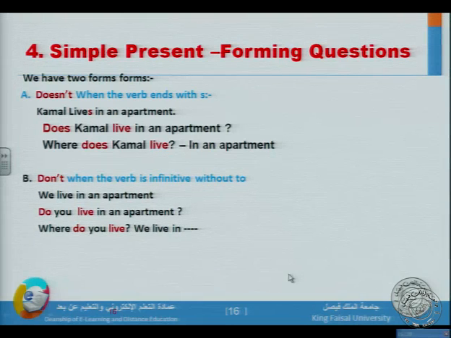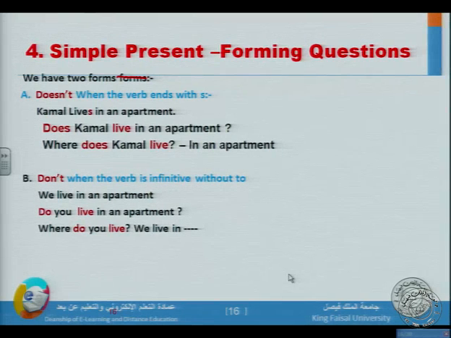How to form questions. After we finished with how to make a negative statement, now we are moving to how to make or to form questions with a simple present. We have two forms. A, does: we use does when the verb ends with S in a sentence.